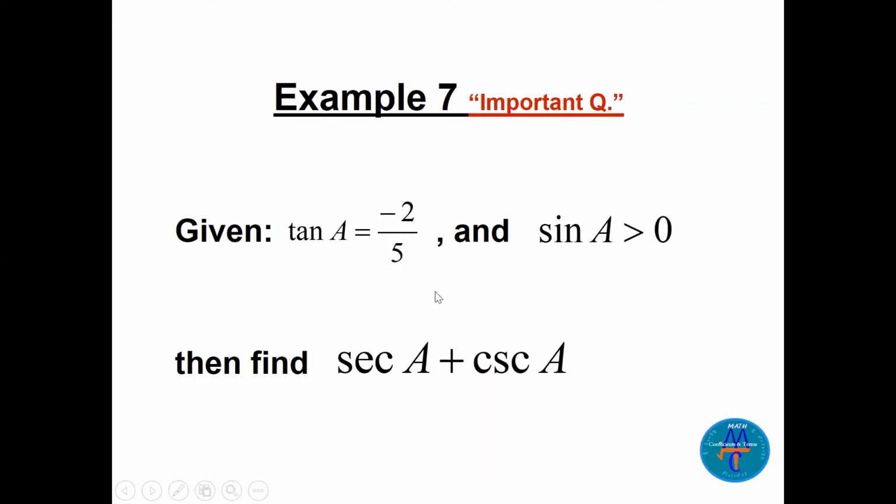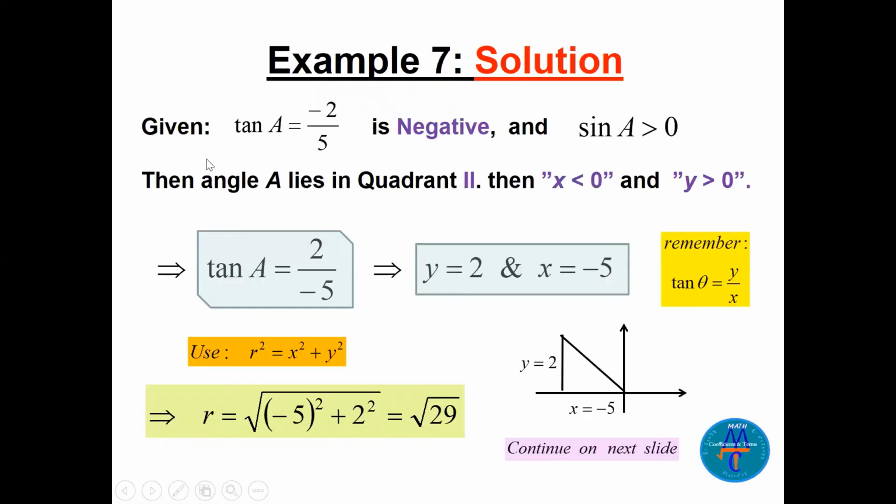So let's start. Tan here is minus, minus 2 over 5, it's negative, and sine A is positive. So the angle A lies in quadrant 2.